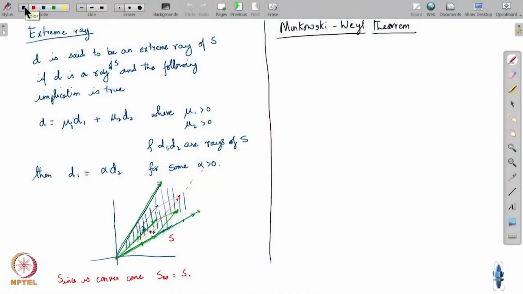And in fact, it is enough to take only the extreme rays of the set. Okay. So, this is basically the main observation that this theorem is talking about. Okay. So, I will just state the theorem for you.